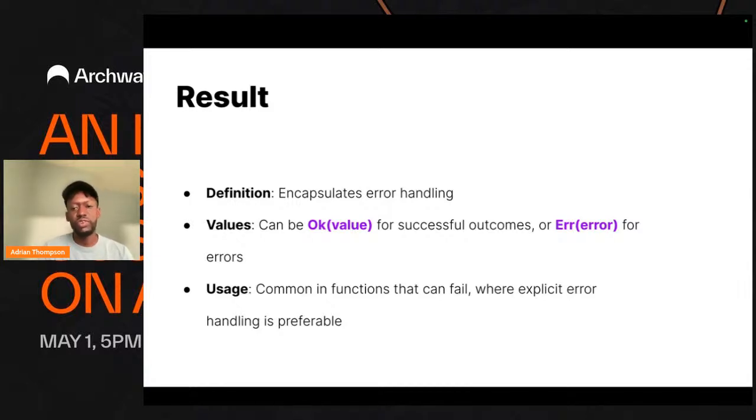But if it returns an error, it uses this error handler and assigns that particular error. So with the result, it's like a tuple with two values. So you either have Ok or Err. This allows for error handling.